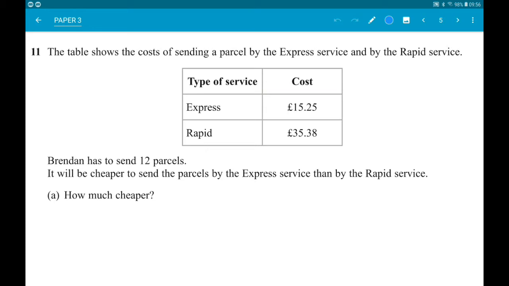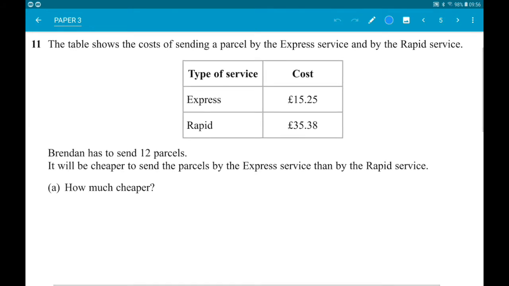How much cheaper? Okay, so let's work out the cost for each. So by express, it's going to be 12 times £15.25, which is £183.